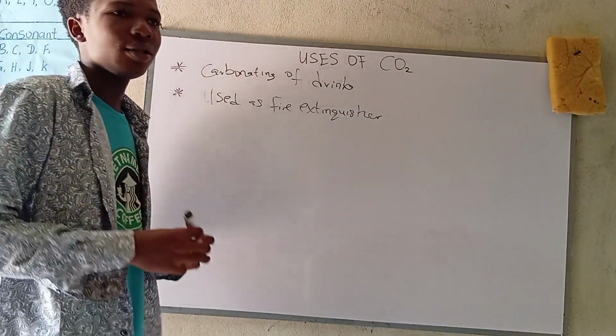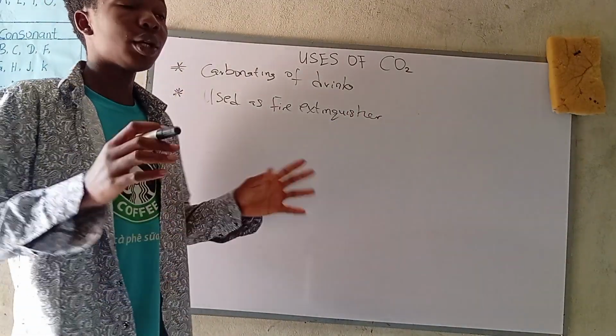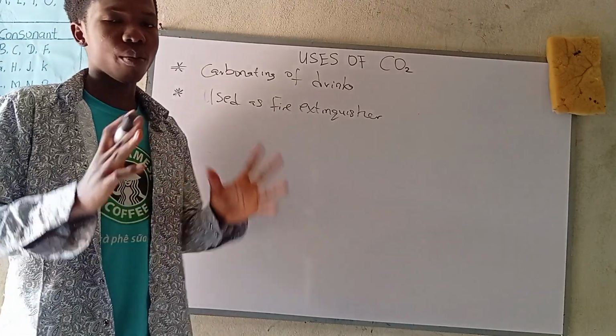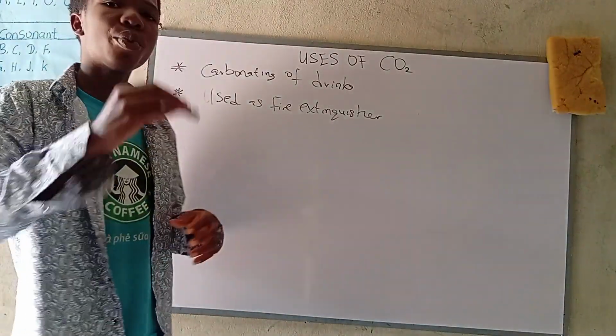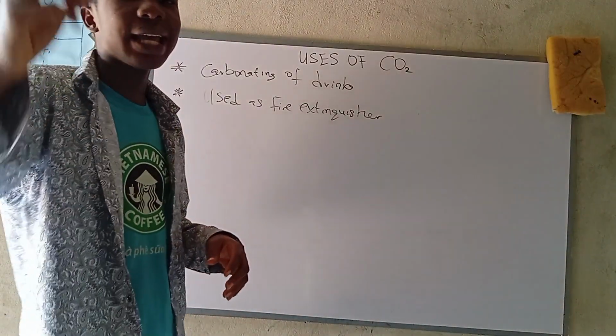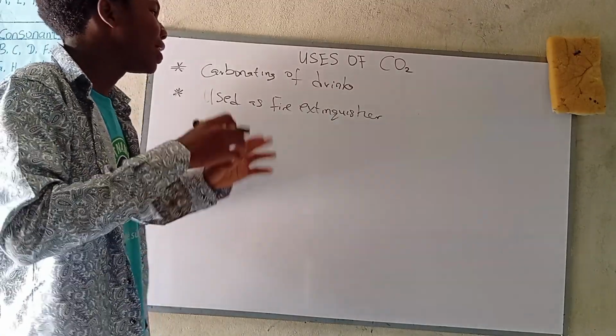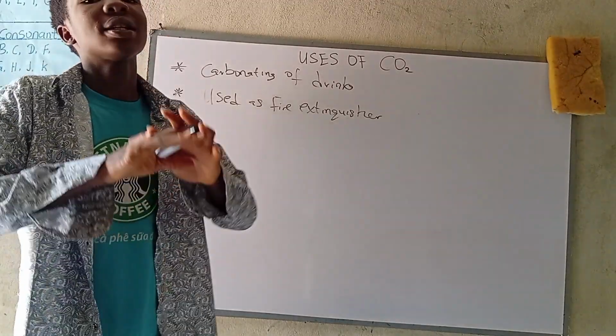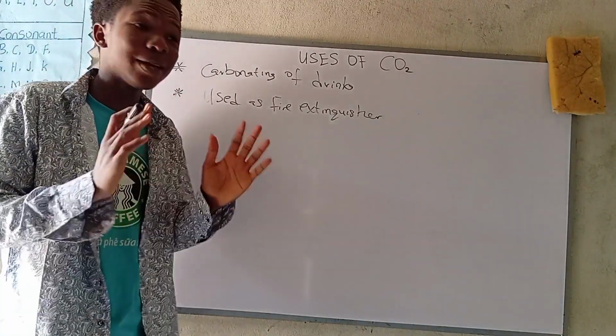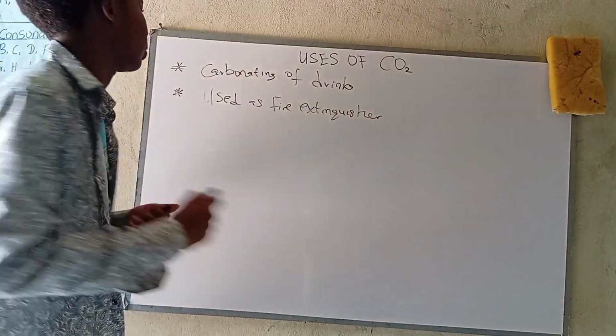Okay, now, why is it used as fire extinguisher? Because it does not support combustion. Secondly, it's 1.5 times denser than air. So this is why it's now used as fire extinguisher. The major one, it does not support combustion.